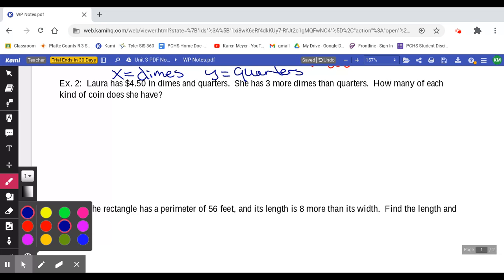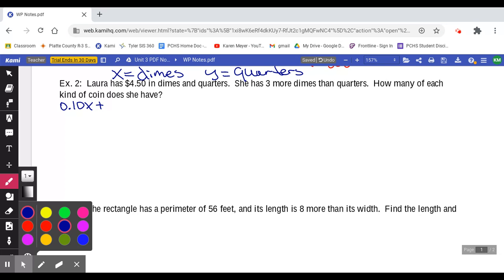Now, our first equation is going to deal with money again. Now this one is a little bit tricky because most people just want to say x plus y. But if I'm talking money, I'm talking the value of each coin. So what is a dime worth? And hopefully everybody says, oh, a dime is worth 10 cents. So you would write that as 0.10x.